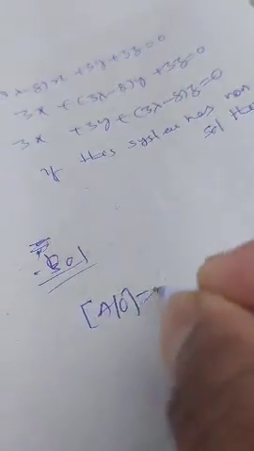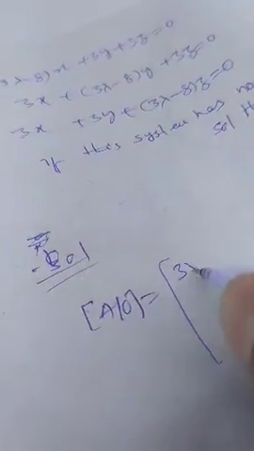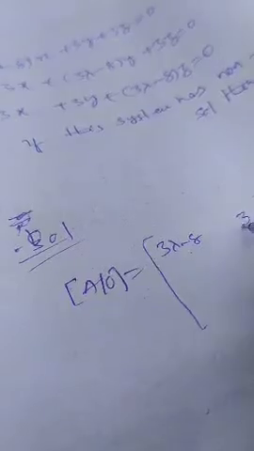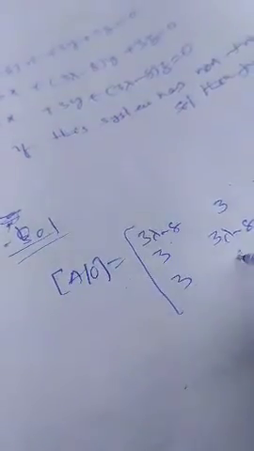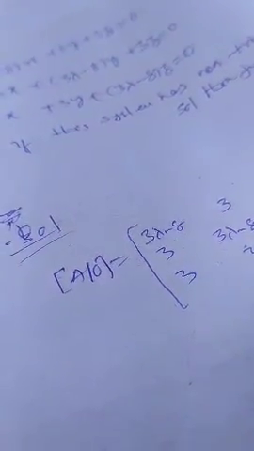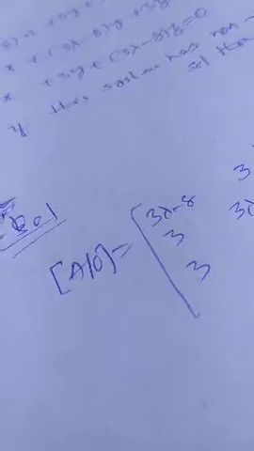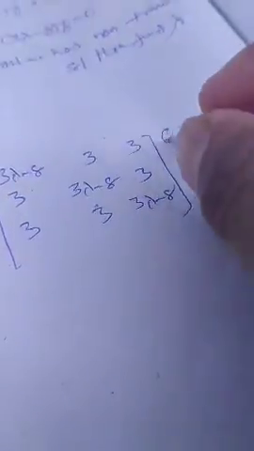So for that I am writing the augmented matrix. What is the augmented matrix here? 3 lambda minus 8, 3, 3; 3, 3 lambda minus 8, 3; 3, 3, 3 lambda minus 8; and 0, 0, 0.